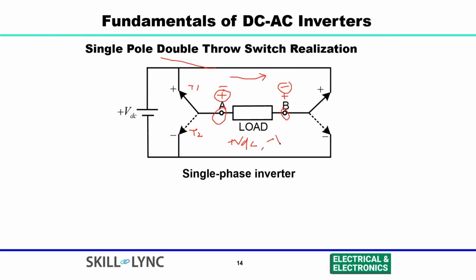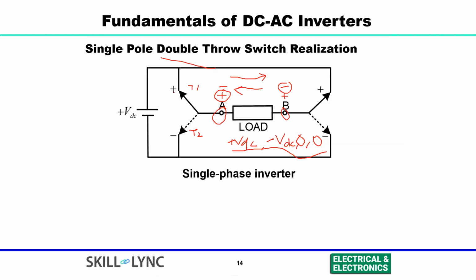There will be minus VDC, and B has more potential than A, so the current has to flow in the other direction. We can get two other states: when both are positive, it will be 0, and when both are negative, it will be 0. So we are able to get plus VDC, minus VDC, and 0 and 0, and we have current in both directions.